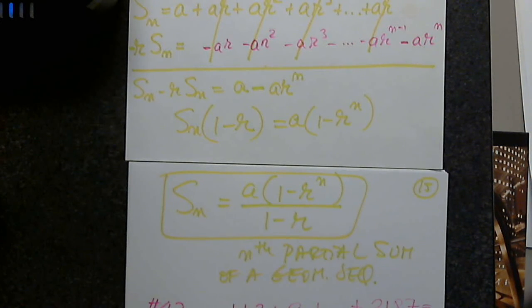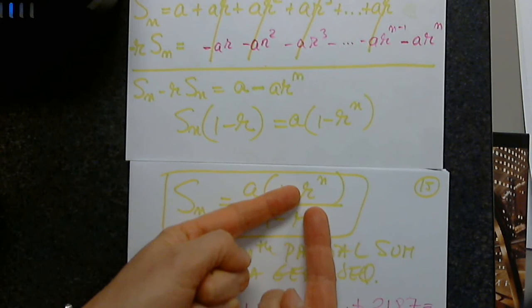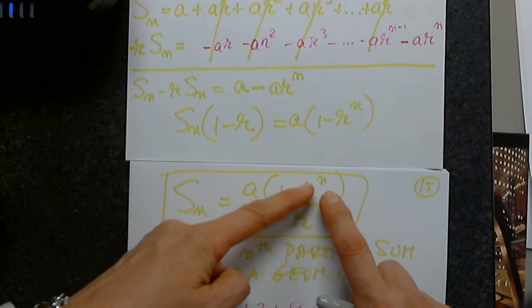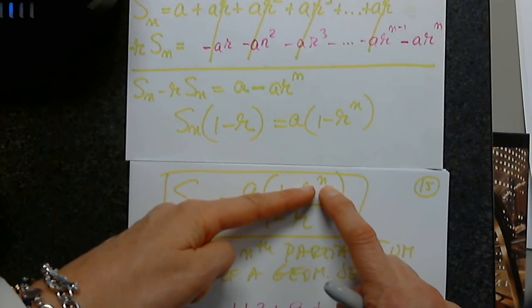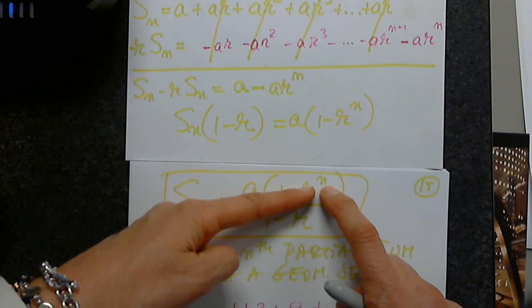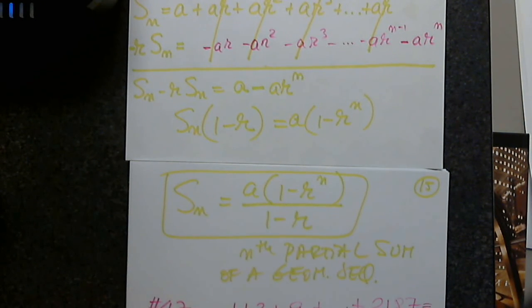It ends at 2187. I have to identify whether this is a geometric sequence. If it is, I have to identify A and R and plug them in, and I have to identify what this N is. Because I don't know, what is this 2187? I have no idea. Okay.